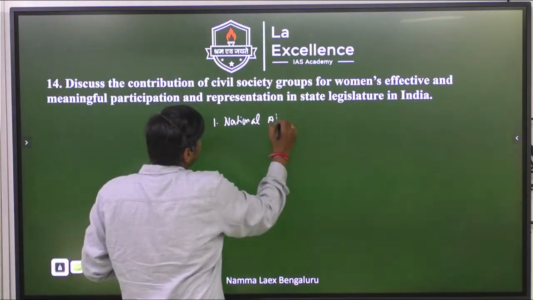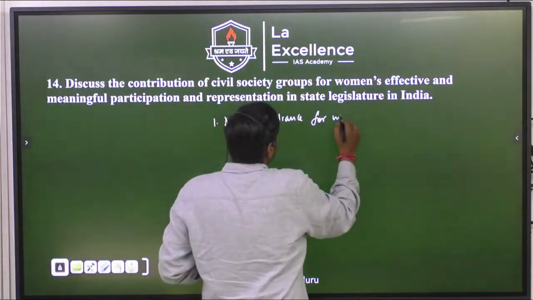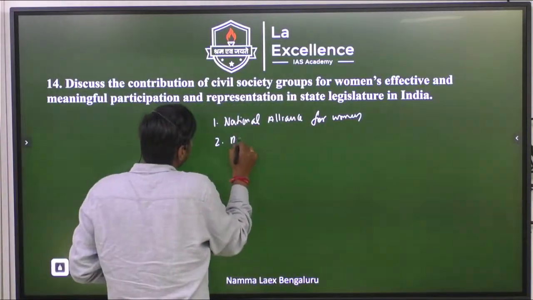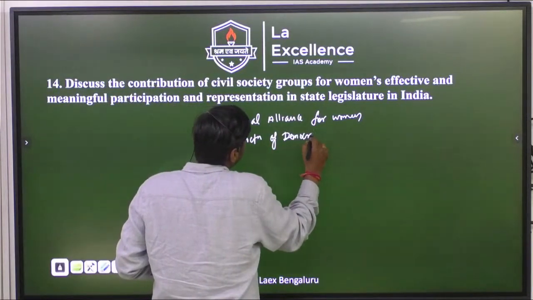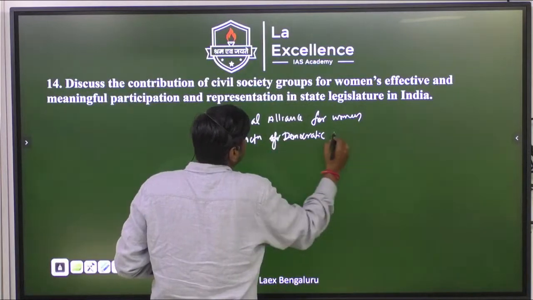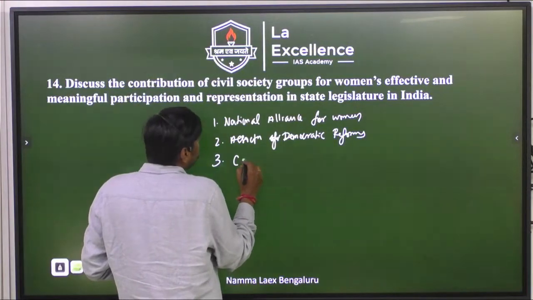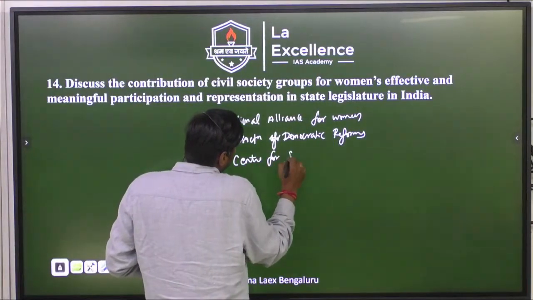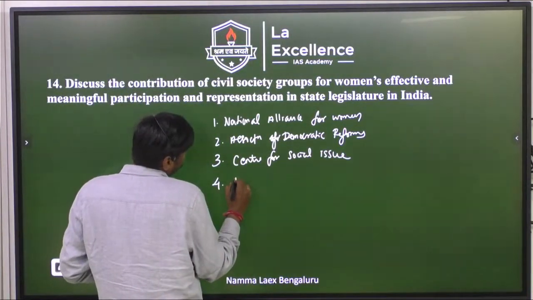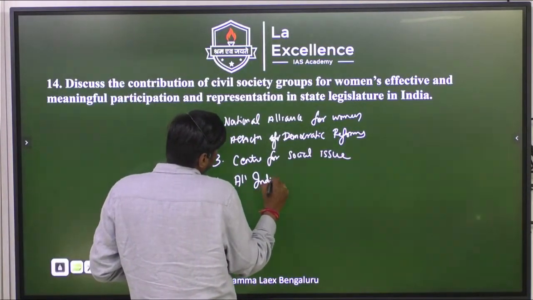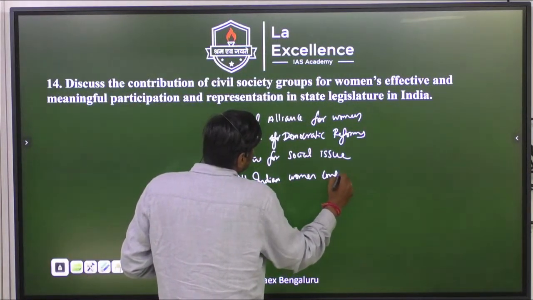National Alliance for Women. Up to where you have written? National Alliance for Women. Association for Democratic Reforms. Then Center for Social Issue. Then All India Women Conference.